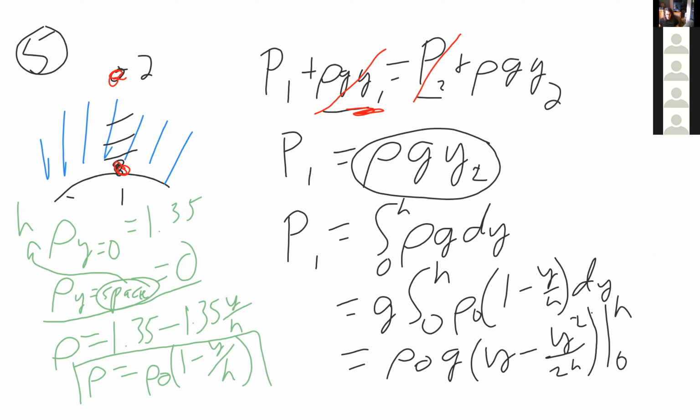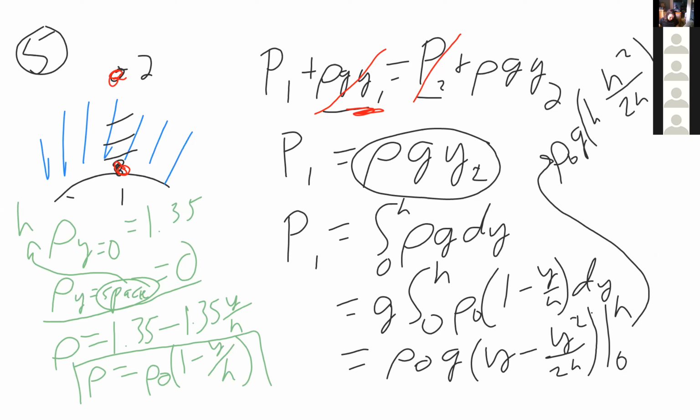Obviously, when I plug in the lower limit, 0, I'm not going to have anything that survives. And when I plug in the upper limit of h, I'll have rho naught times g times h minus h squared on 2h.